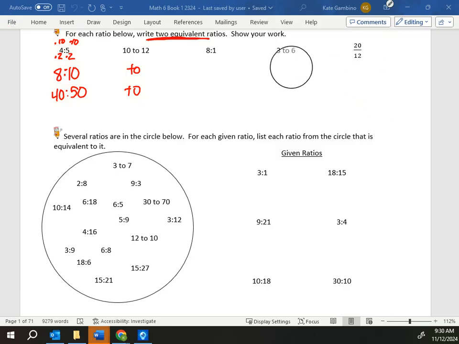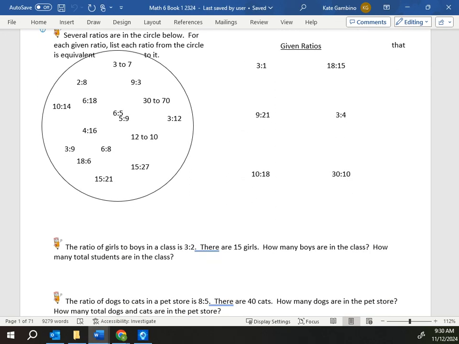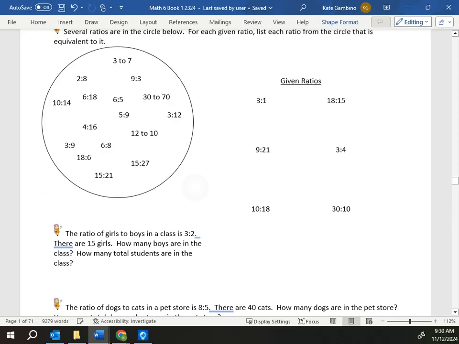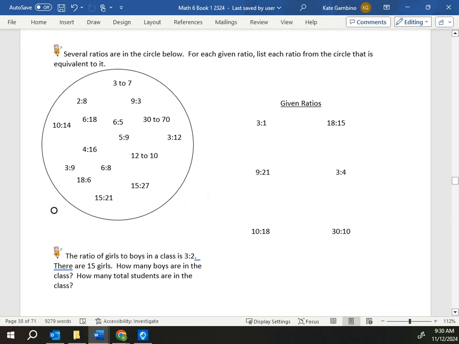Our next section that we're doing, we have a bunch of ratios in the circle. For each given ratio over here, we need to list each ratio from the circle that is equivalent to it. So if I have 3 to 1, I'm going to look at all these ratios in my circle and see which ones are 3 to 1 if I simplify.